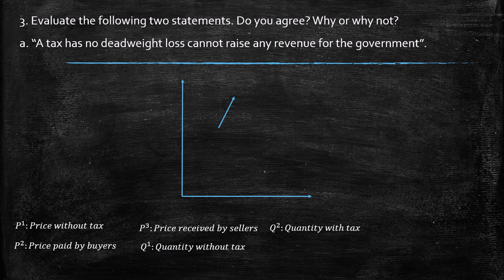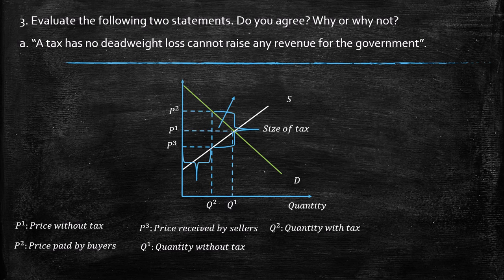So this is going to be kind of, in this case, what I say is kind of true, because even if the government has to raise any revenue, even the little or the lowest one, they're going to affect the market.